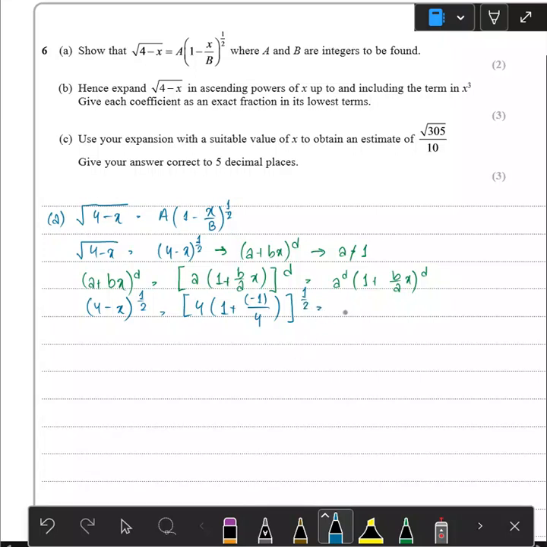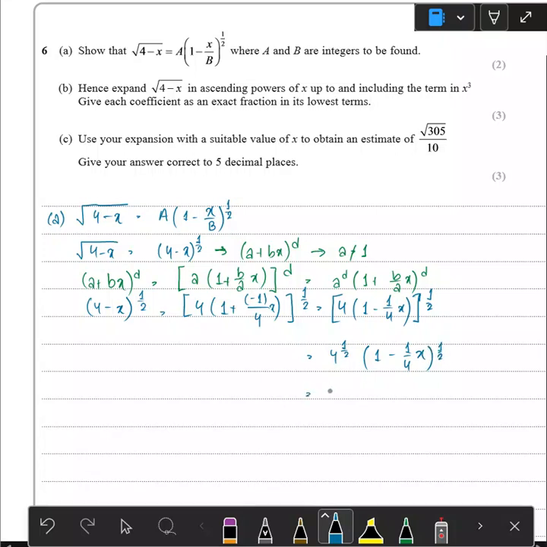This can be simplified further into 4(1 minus (1/4)x) whole to the power of half. Now if I bring the power to the top of the multiples, 4 to the power half, (1 minus (1/4)x) to the power half.